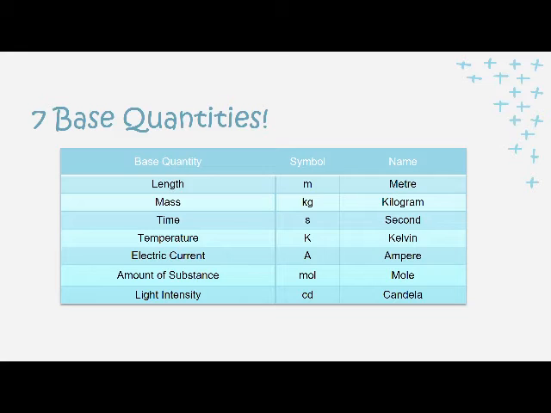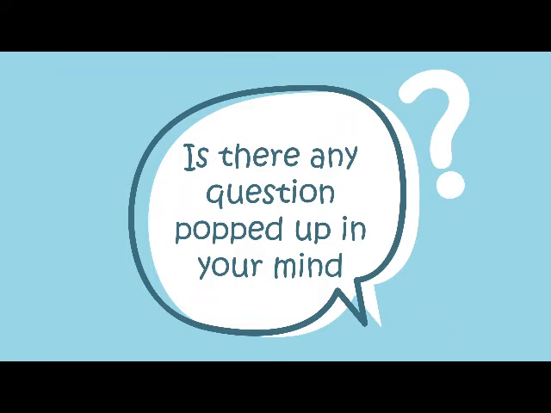Yeah, we can see in this table the 7 base quantities and their symbol and also the name of the symbol. So, from the explanation earlier, are there any questions?